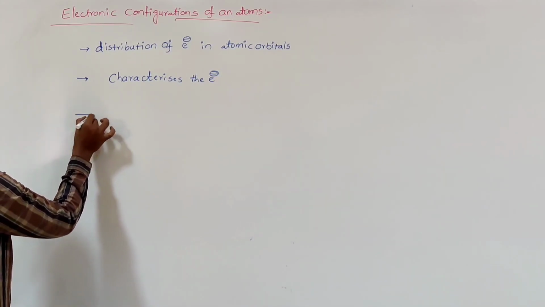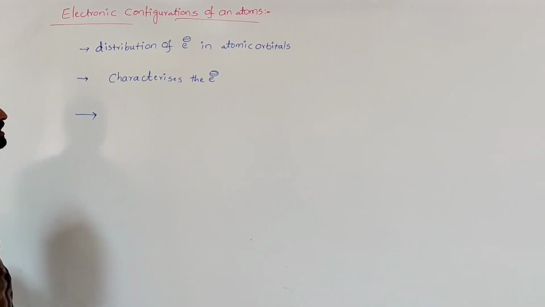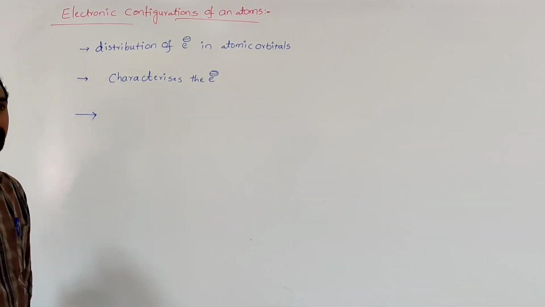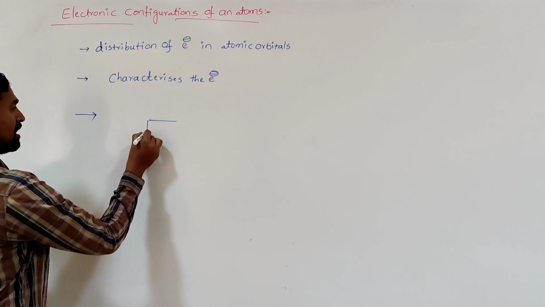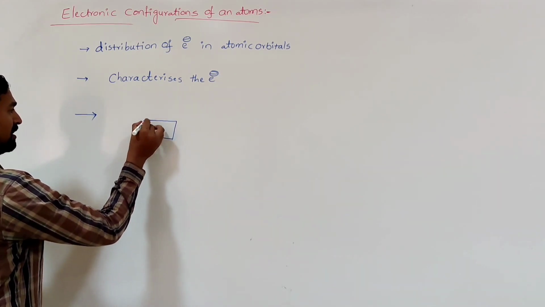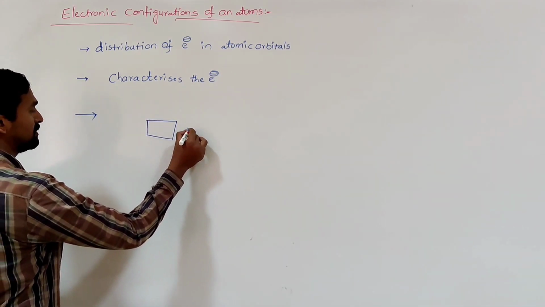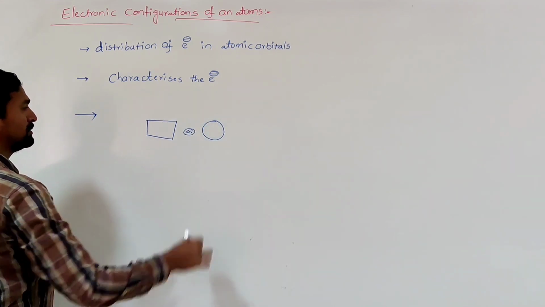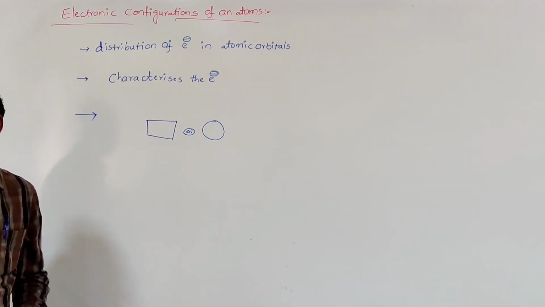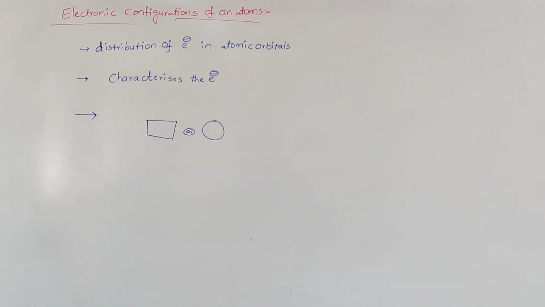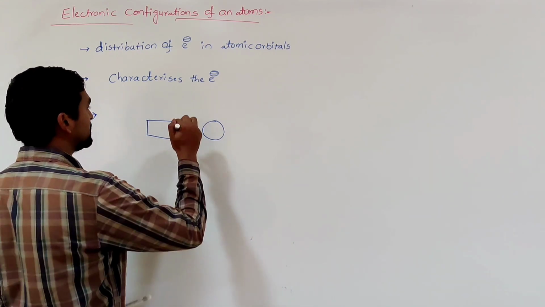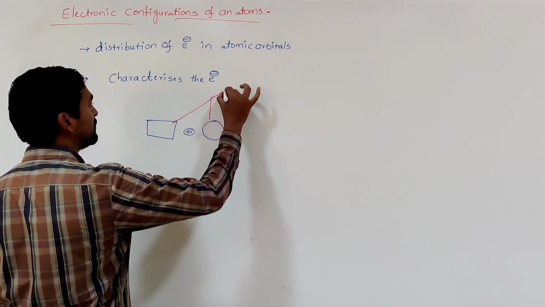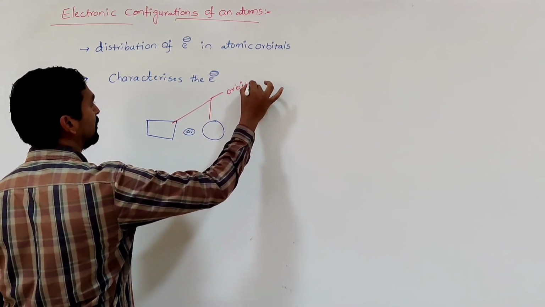Generally for representation, to write the electronic configuration, we use certain symbols. An orbital can be represented with a square box, or in some textbooks a circle. Both represent an orbital.